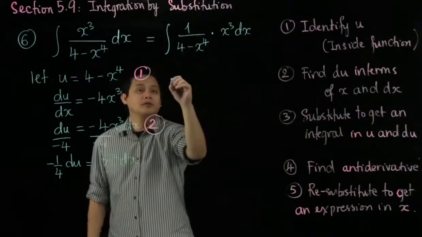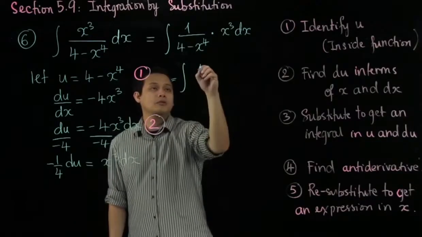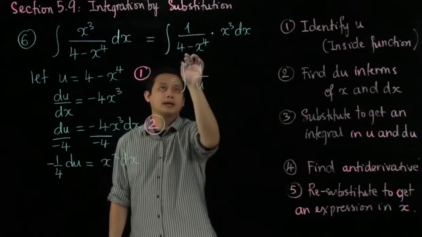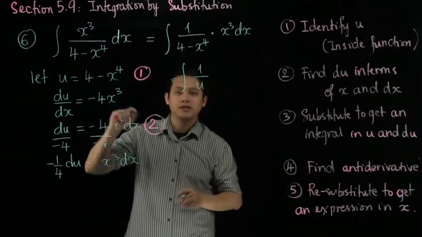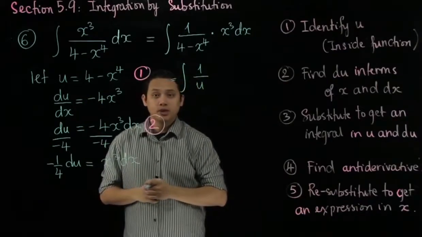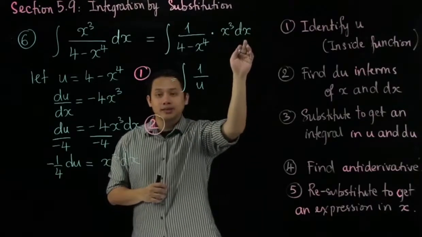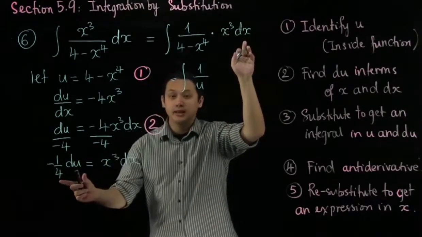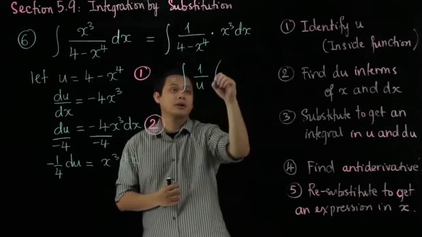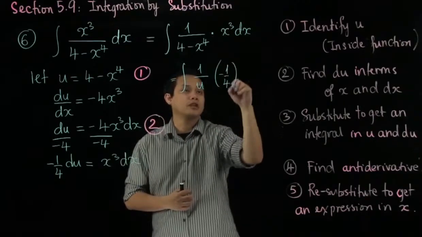So this is the integral of 1 over u, because 4 minus x to the 4th is equal to u. And you are left with x cubed dx, that is negative 1 over 4 du. So I write negative 1 over 4 du.